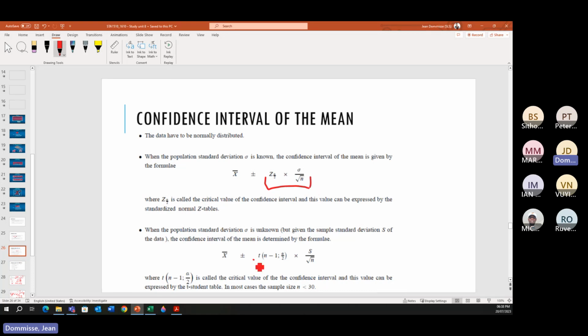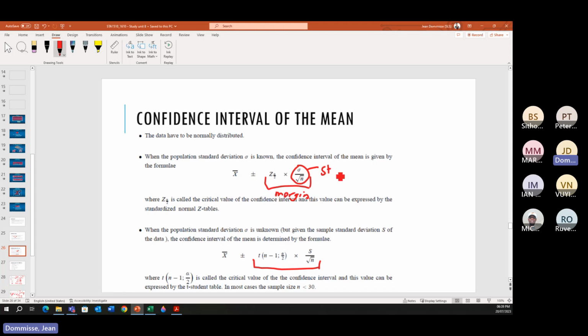So just remember, if I ask you margin of error, it includes the Z or T that you need to work with. So that is your margin of error. But if you're only looking at standard error, that is just your standard error.